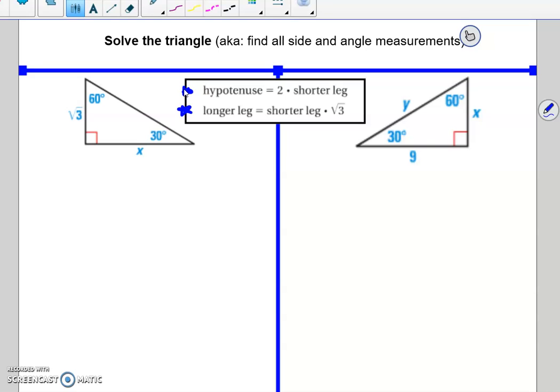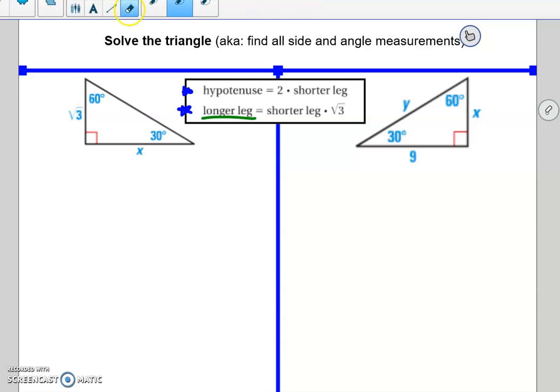Okay, so the first thing that we've got on the left-hand side is we're going to identify, do I really have a 90, 60, 30 degree triangle? And I do. I'm going to try to solve for x in this case, and x is the longer side. Since x is the longer side, it only comes up in one of those equations.